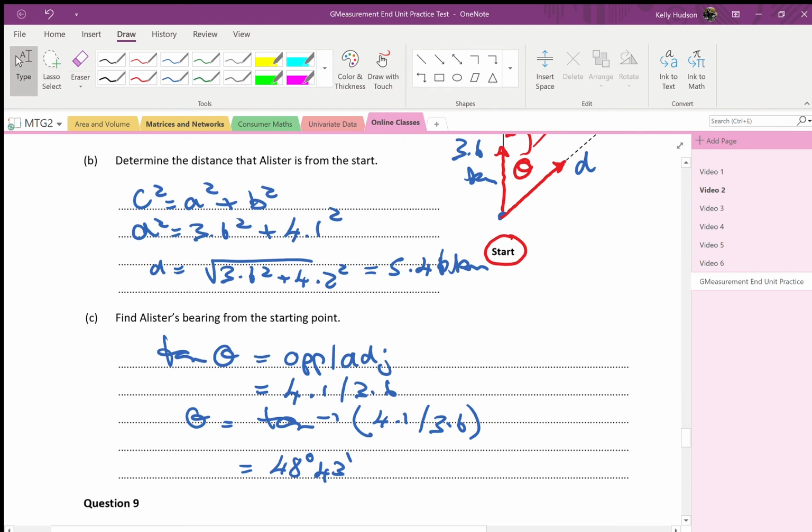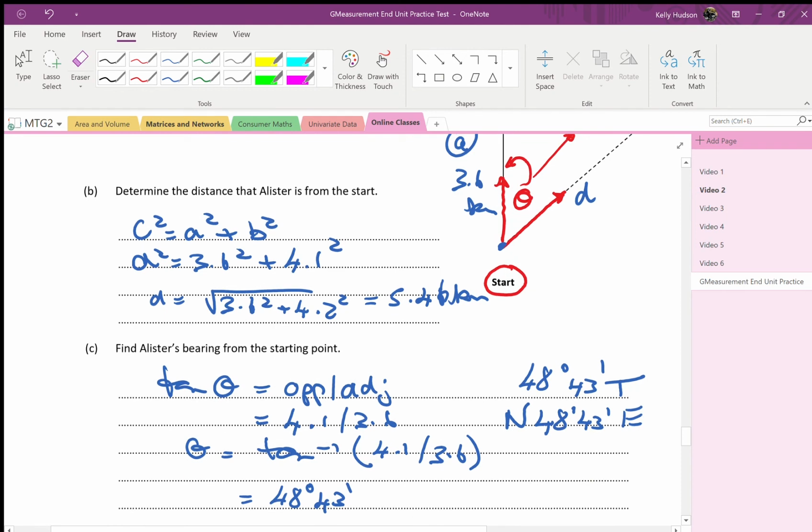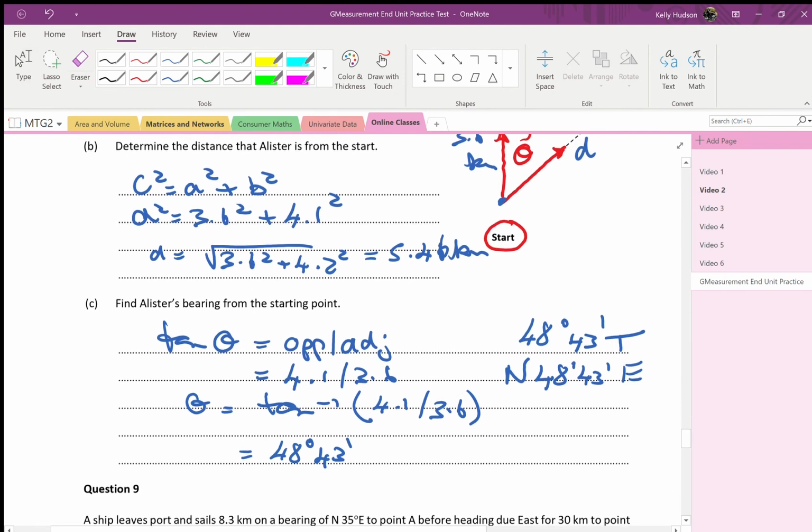So my bearing could be 48 degrees 43 minutes T, or it could be north 48 degrees 43 minutes towards the east. And there's the two bearings that I've got. Not too hard. I use my tan to work out my angle, and then I simply turn that into a bearing, which is from the north around towards the east.